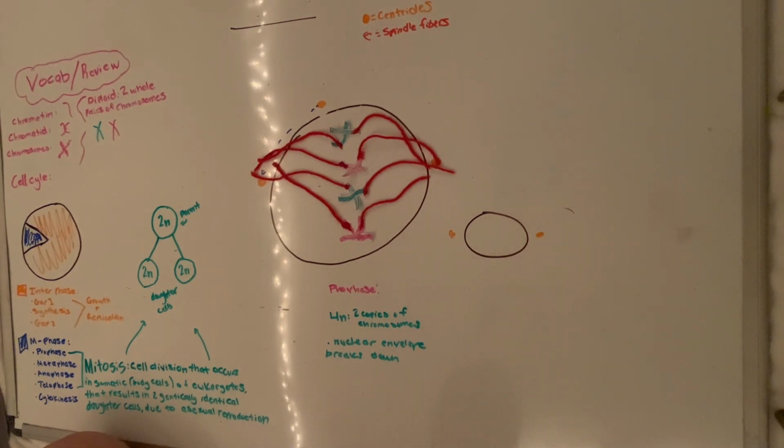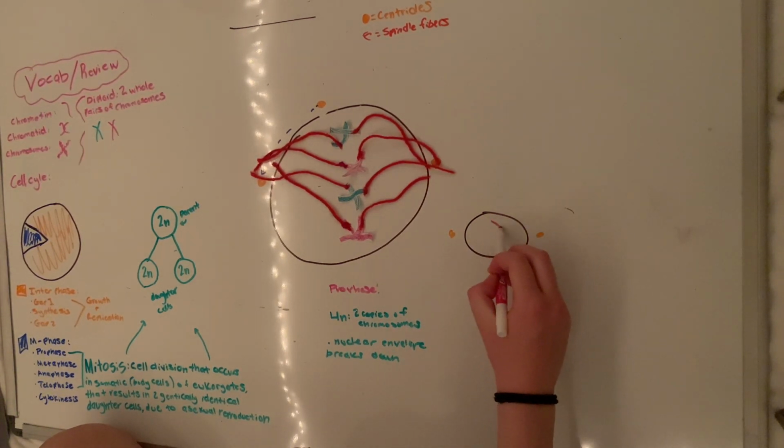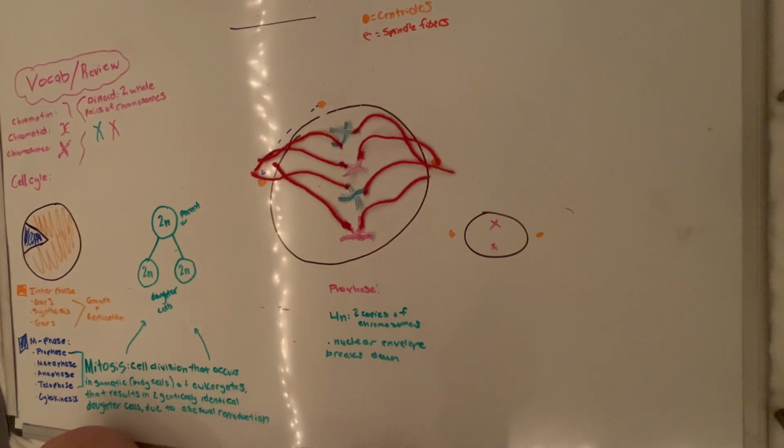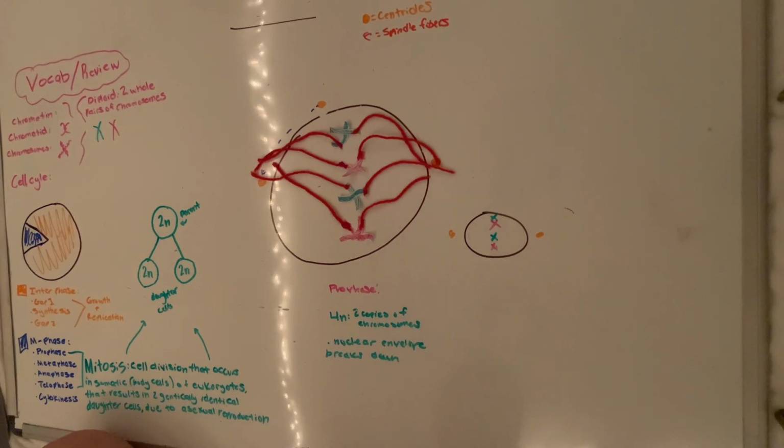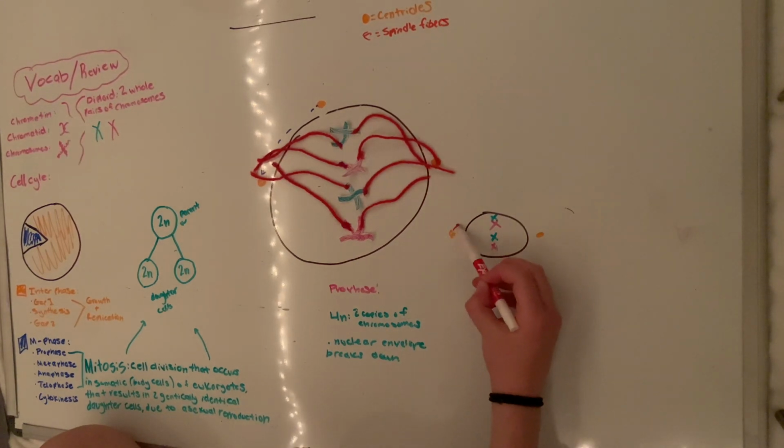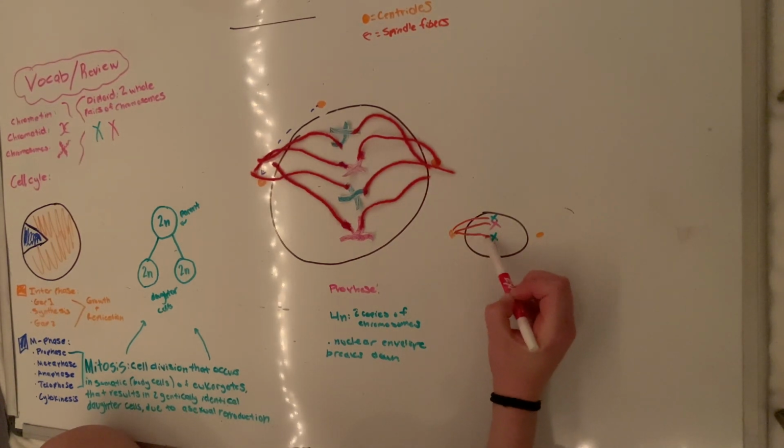It's also called the equator, if you're really thinking about the centrioles being at opposite poles. That can help visualize it. And again, on my right, just a clearer diagram of what that looks like.